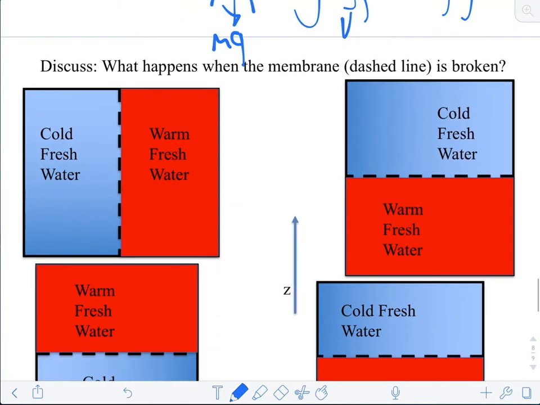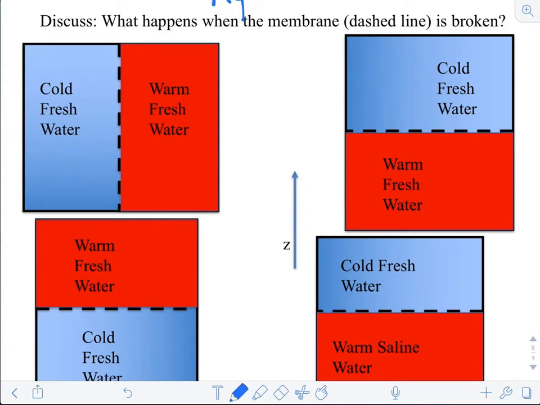So when we think about that, we can actually start to think about these simple flows that can be set up when you have horizontal pressure differentials. So if we take this case right here, and this is just a thought problem, nothing more, we have cold fresh water and we have warm fresh water. The only difference between these is the temperature, in terms of density.